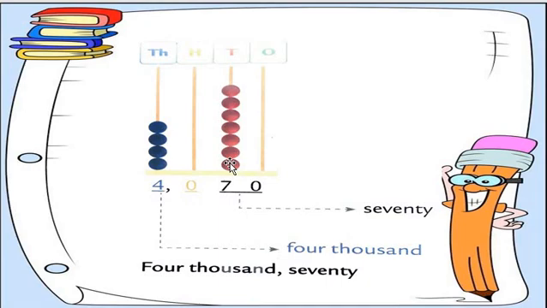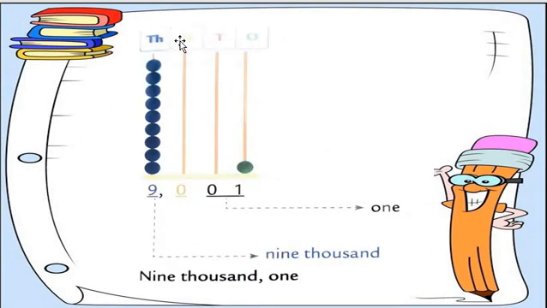So that's why we read it like that. Got my point, all students? What I am telling you, you know? Okay, very good, all students. So students, again we read 4,070. Got my point? Now let's check the third example.